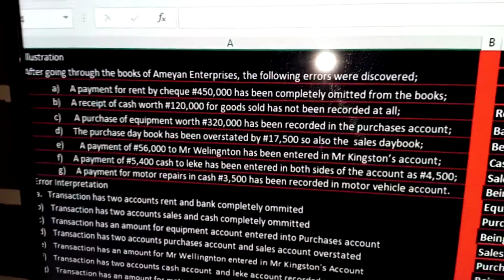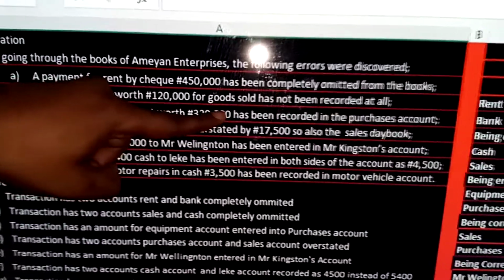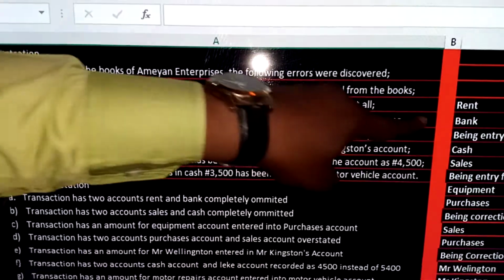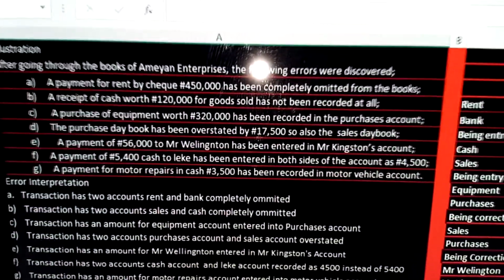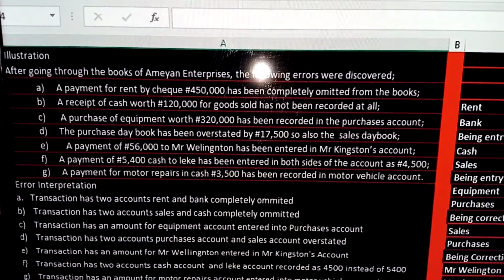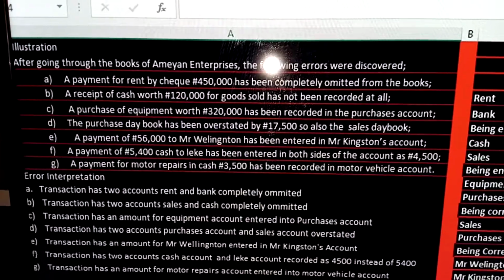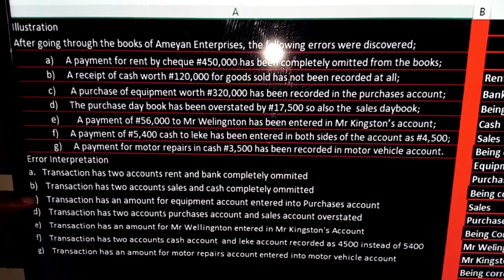Let's go to the third error. A purchase of equipment worth 320,000 has been recorded in the purchase account. Remember, this is an error of principle. Let's interpret that error. That's what I've done here.